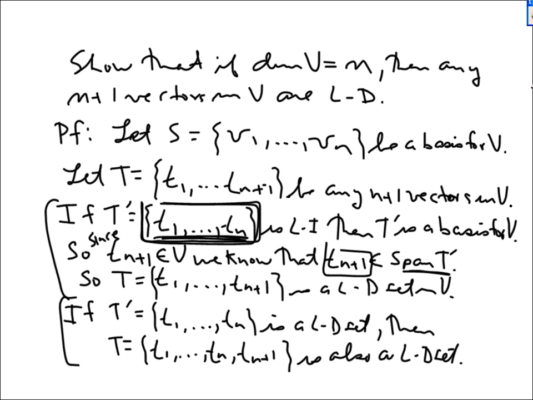Okay, so let me just say it. Therefore, T is a linearly dependent set in V. No matter which of the two cases I look at, T is linearly dependent.